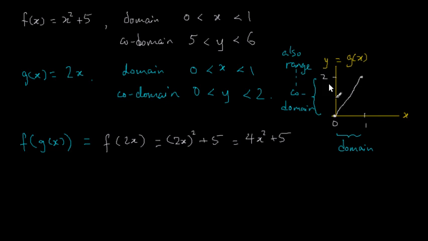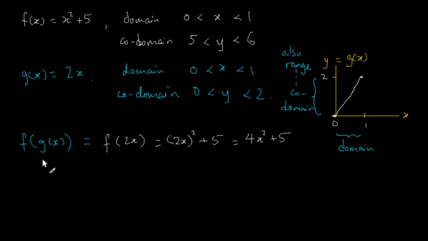So the range here, 0 to 2, is the complete set of values that you would get that correspond to all the x in the domain between 0 and 1. So that seems simple enough.